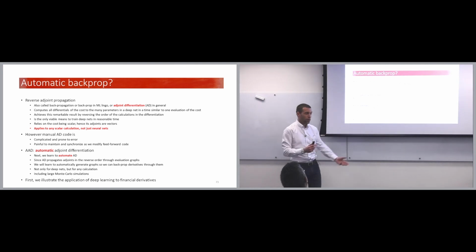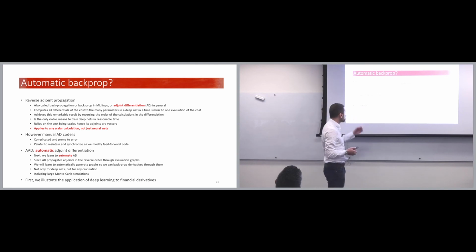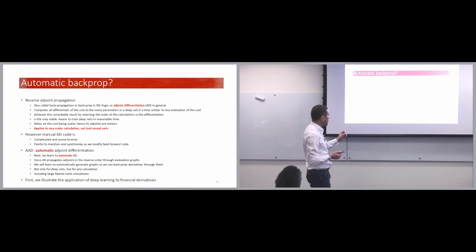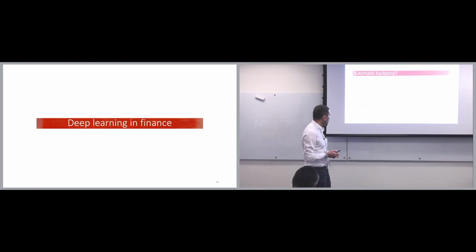You need to somehow extract the evaluation graph, and once you have extracted an evaluation graph, then you can run backpropagation over this evaluation graph. So that's what we will learn to do. Hopefully we'll have enough time to automatically produce this evaluation graph so that we can backprop derivatives through them. And not only for deep nets, but for any kind of calculation, including large Monte Carlo simulations.